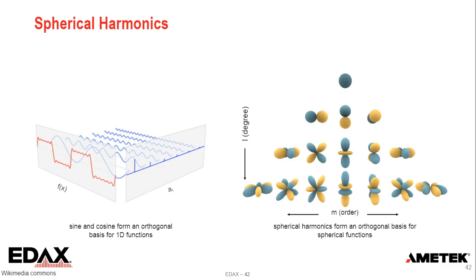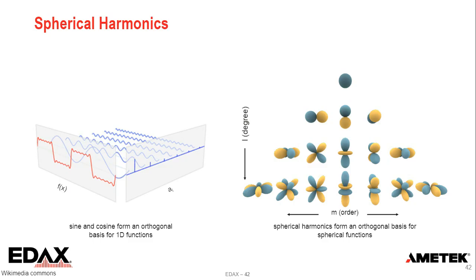And just like a sine and cosine form an orthogonal basis for one-dimensional functions, spherical harmonics form an orthogonal basis for functions on the sphere. And just like you can pick a degree of Fourier transform, you can pick how far out in frequency space to go for spherical harmonics, and that's normally called bandwidth.